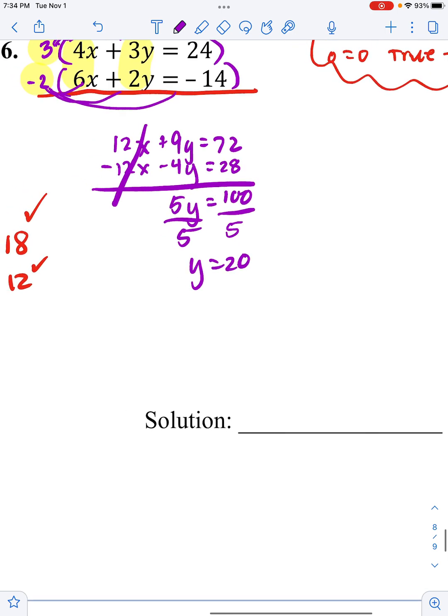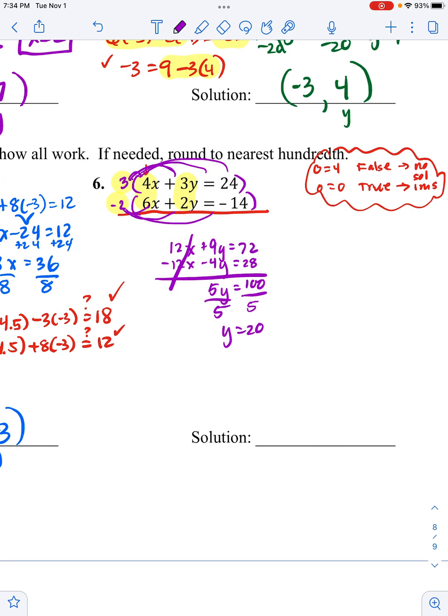Okay. And then since I know that y is 20, I can go ahead and say, okay, that means I have to get my x from one of these. I'd probably take the top one. It doesn't really matter. So 4 times x plus 3 times the 20 that I just got equals 24.